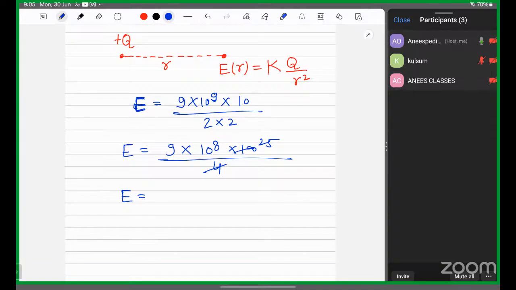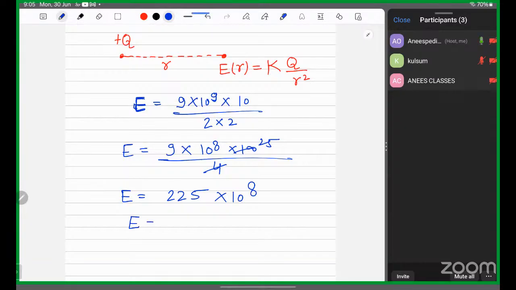25 times 9, tell me, you should know this. 25 times 9 is 225. So 225 into 10 raised to power 8. Convert it into scientific notation.